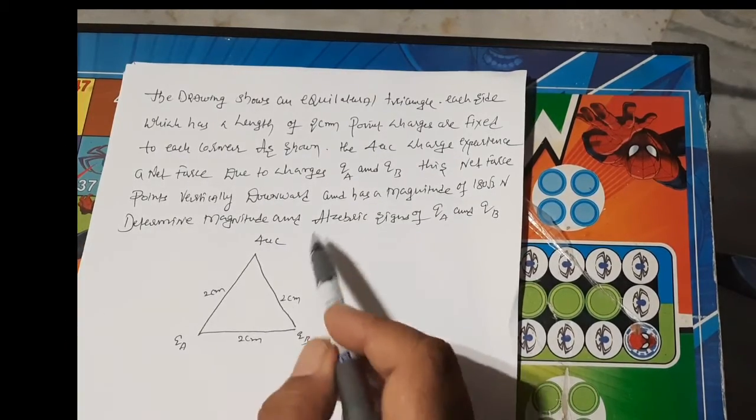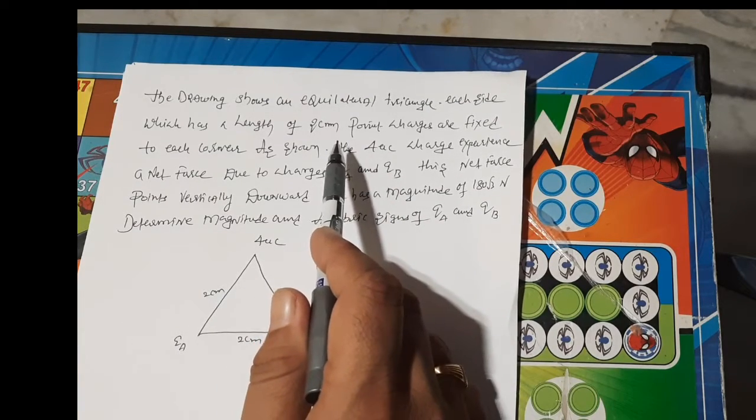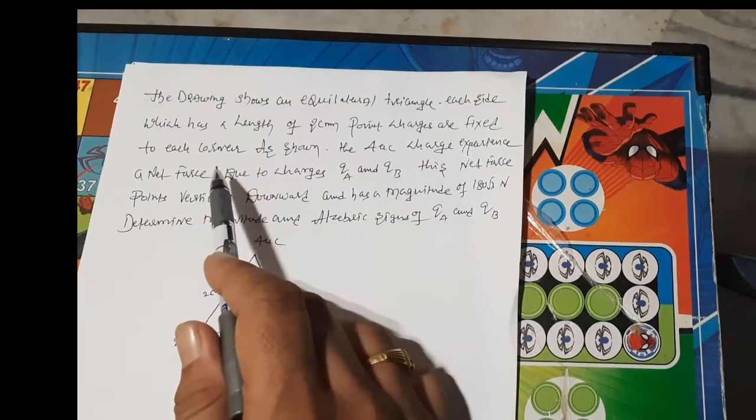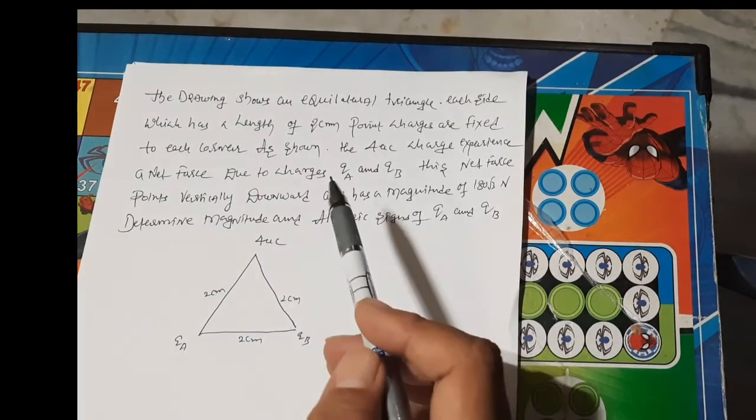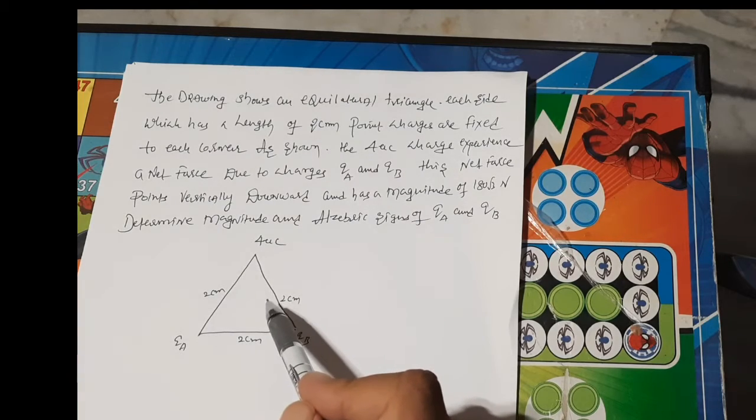Point charges are fixed to each corner as shown. So here 3 point charges are fixed at each corner of the equilateral triangle.